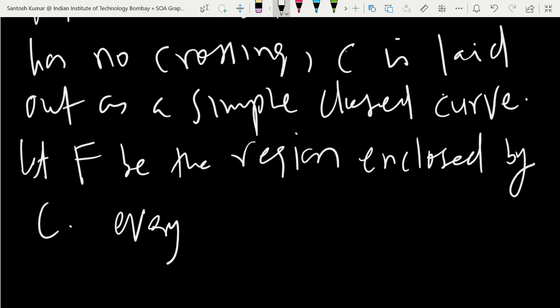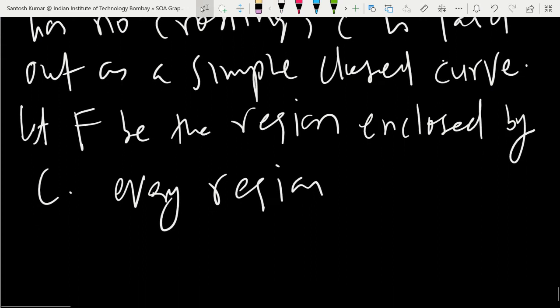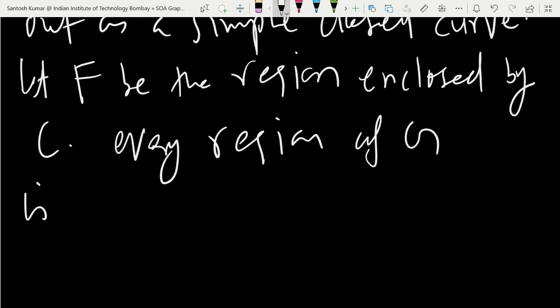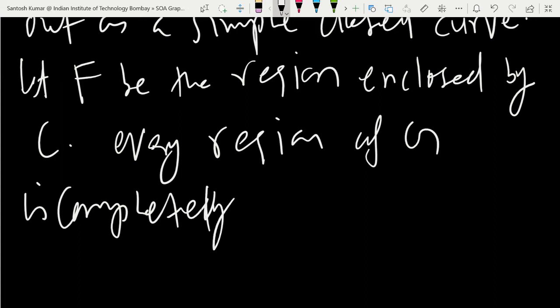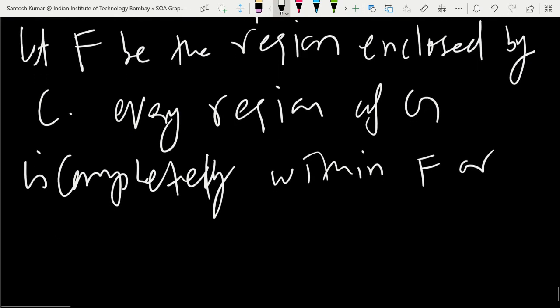So every region, or every face, of G is completely within F or completely outside F.